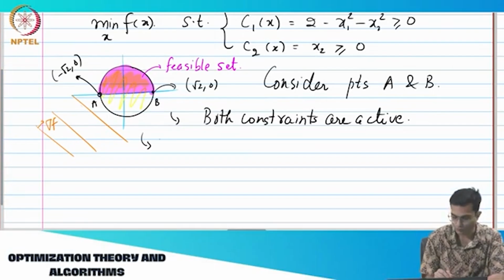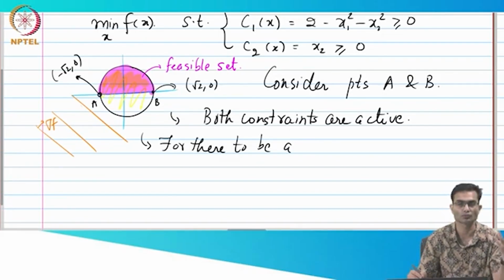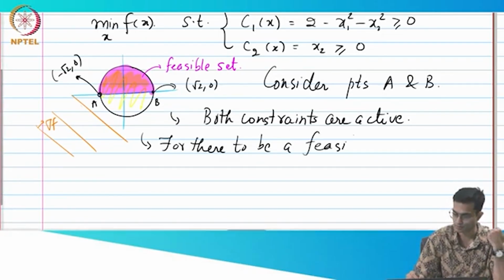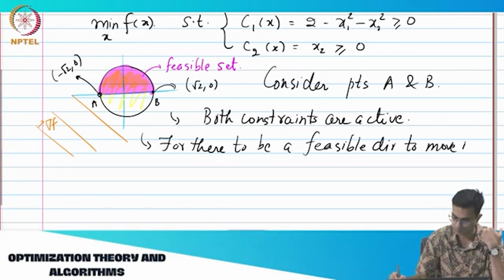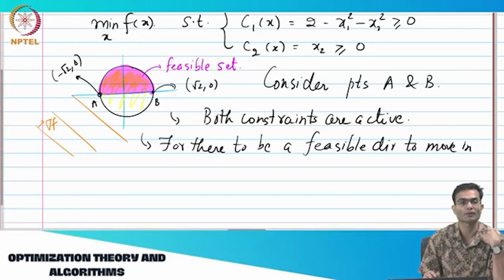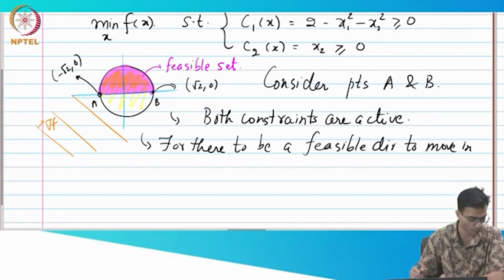Okay. Now for there to be a feasible direction to move in, right? What do I need to happen? I need to have feasibility and a decrease in the function. Those are the two kind of poles, right?